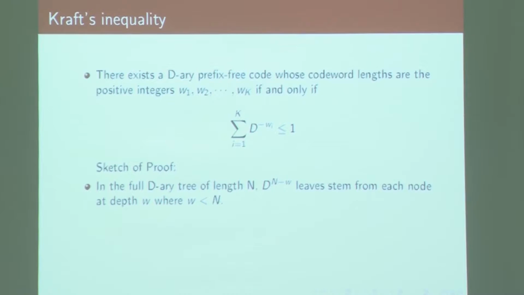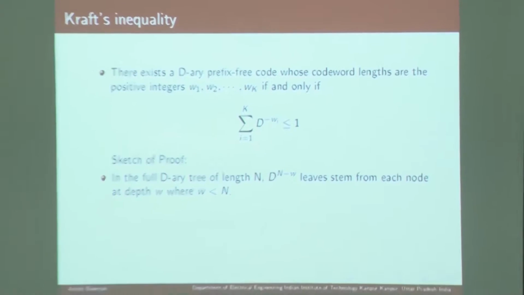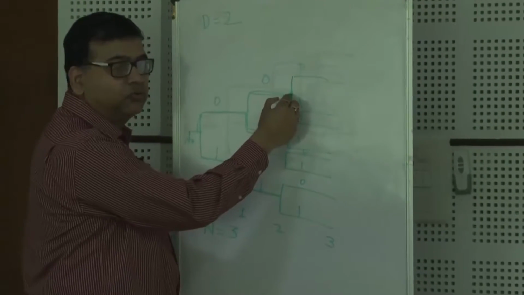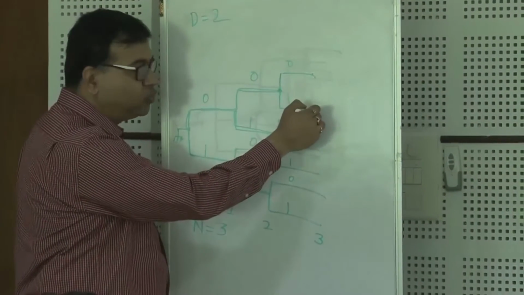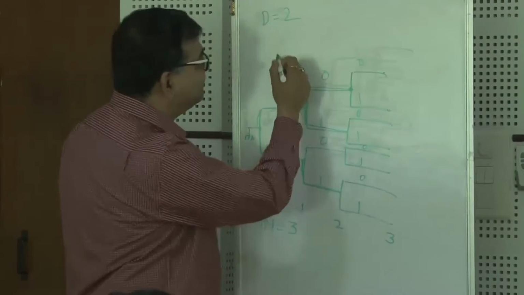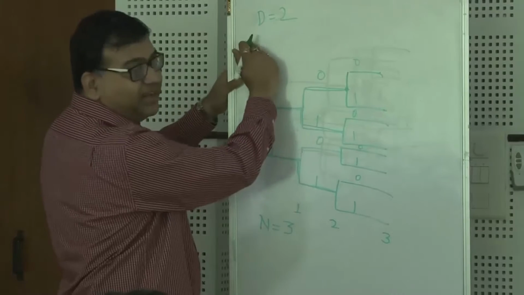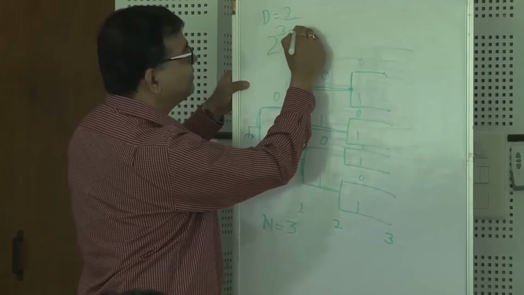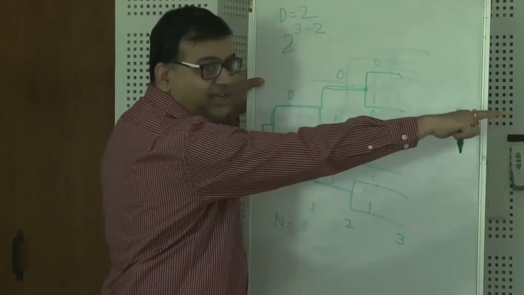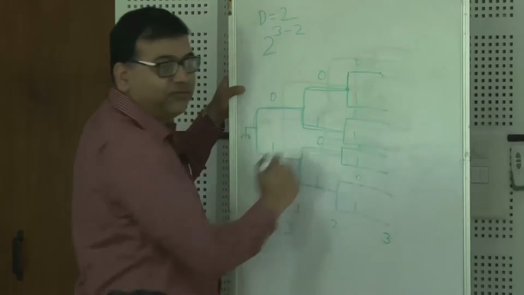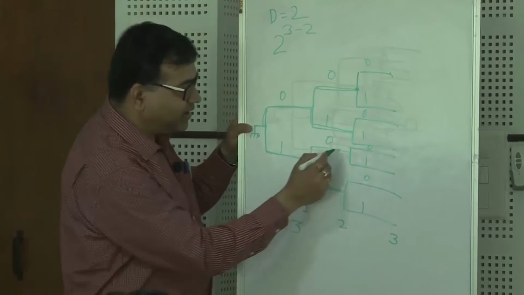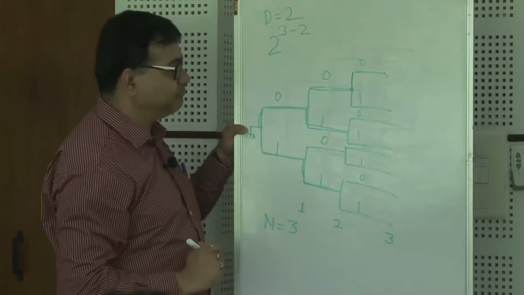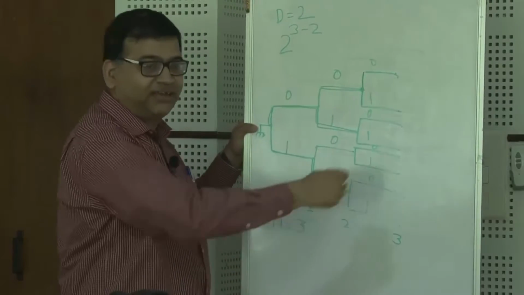Let us look at depth 2. How many leaves are going out from this node at depth w? 1, 2, and D in this case is 2, so D to the n minus 2, that is 2 leaves. Look here, there are 2 leaves. So at depth 2 you can see there are 2 leaves.